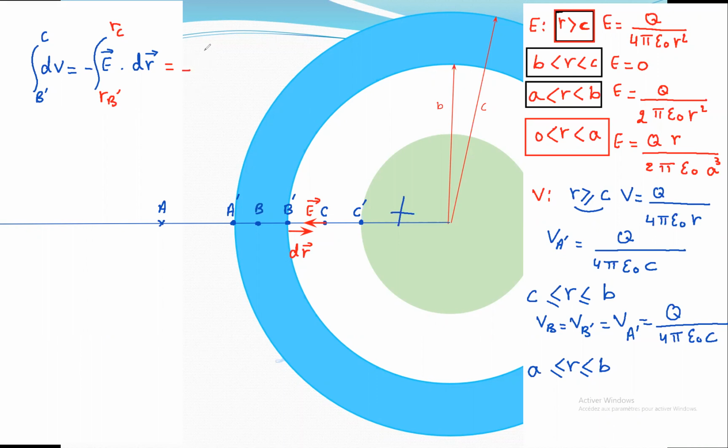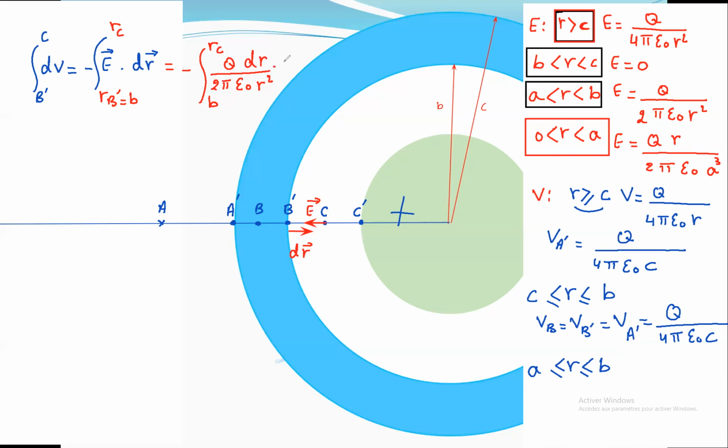equals minus integral. You know, r B prime equals B. We can put B, R C. E in this region, which we calculated already between A and B, equals Q divided by 2 pi epsilon 0 r square, times dr. The angle between dr and E equals pi.